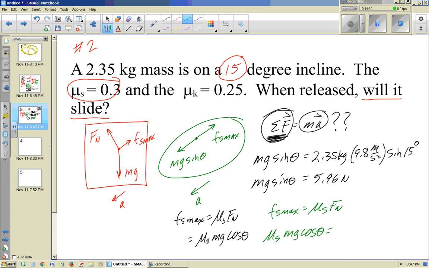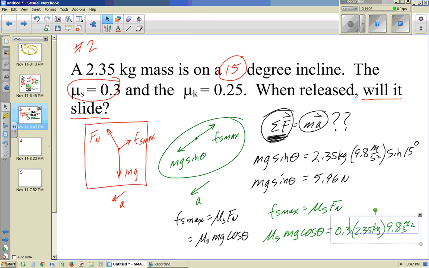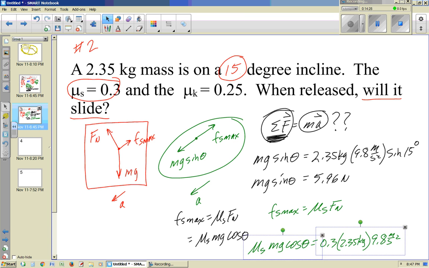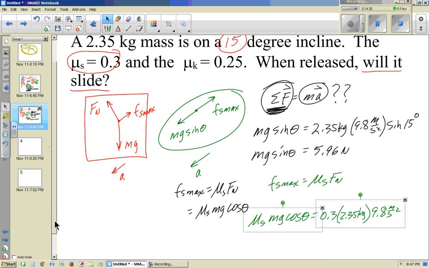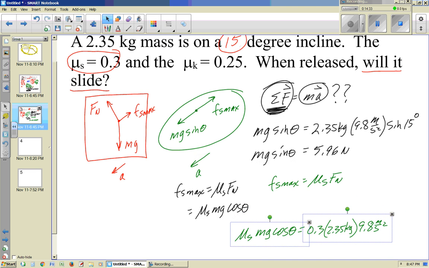So this would be 0.3 times 2.35 kilograms times 9.8 meters per second squared. Uh-oh, ran out of room here. Okay, and then that would be times the cosine of 15 degrees.